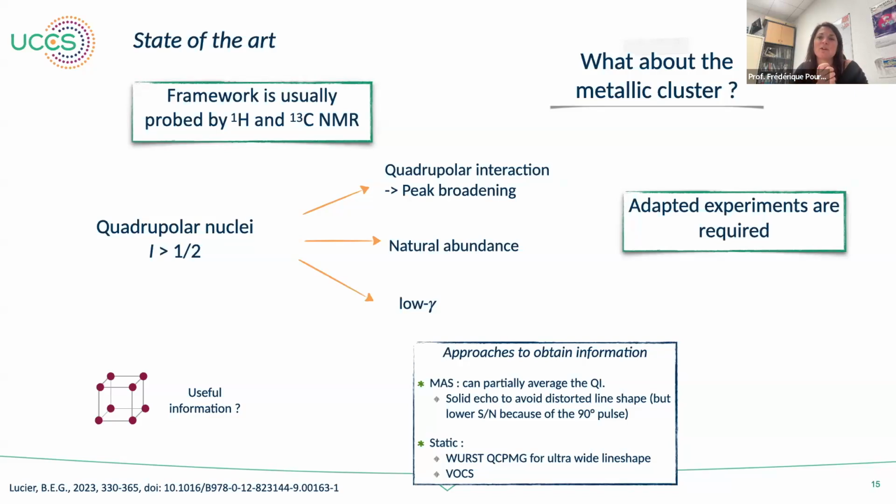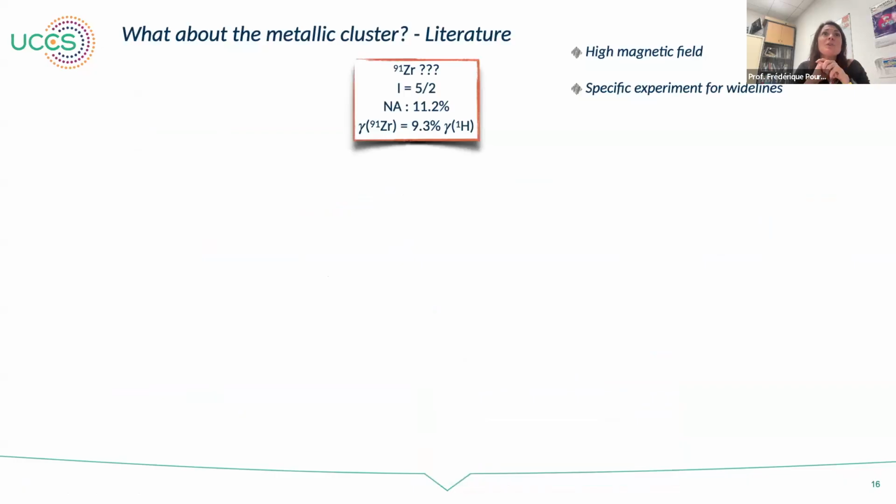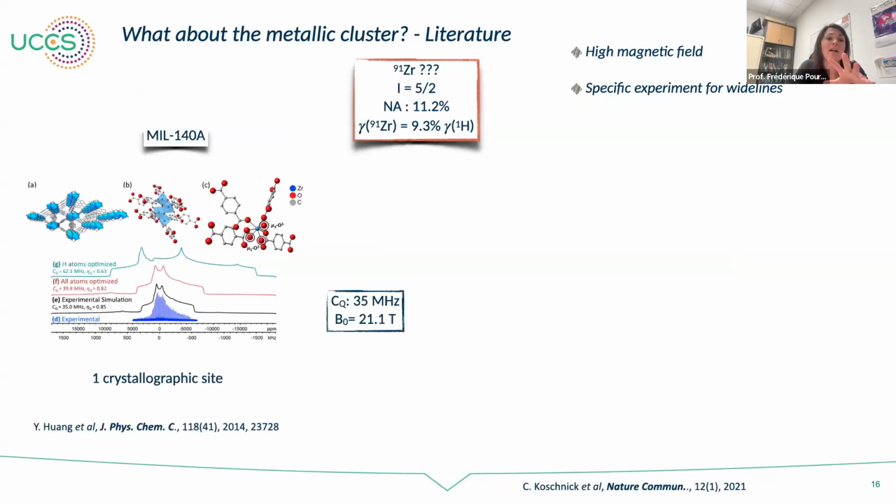That will be the case for zirconium-91. Zirconium-91 is not an unusual nucleus, but it can give you a lot of information. It has a spin of 5/2 with a natural abundance of 11.2% and a relatively low gamma. So we will use high magnetic field and specific experiments for wide lines.